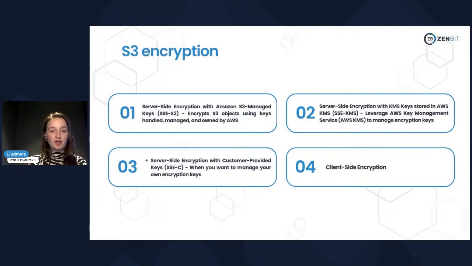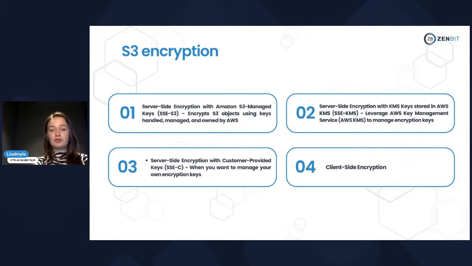So the first type of encryption is server-side encryption with managed keys. In this case, you encrypt the S3 object using a key handled, managed, and owned by AWS. The second type of server-side encryption is by using KMS, with key storage also in AWS.